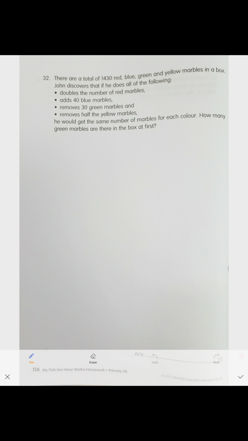You have a big box, and there are tons of marbles of different colors: red, blue, green, and yellow. We know the total is 1,430 marbles. Now we just need to draw the proper model.